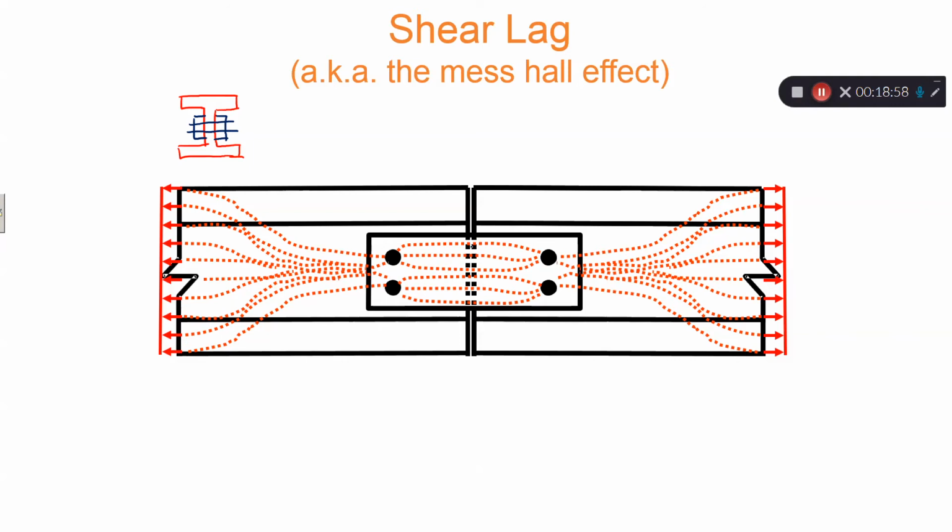That means in these scenarios, some portion of the member is not stressed, while the other portion closer to the connections is overstressed.